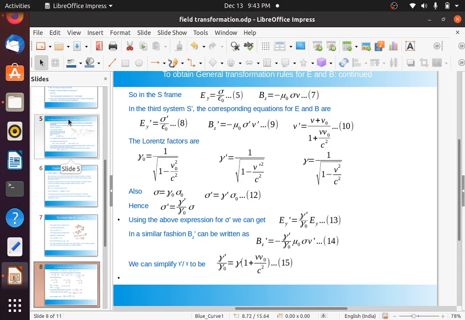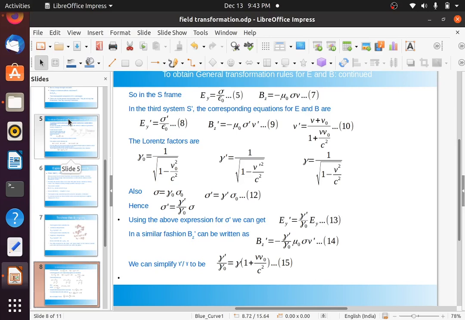So we already have the relation sigma is equal to gamma 0 into sigma 0. The corresponding sigma dash is equal to gamma dash into sigma 0.